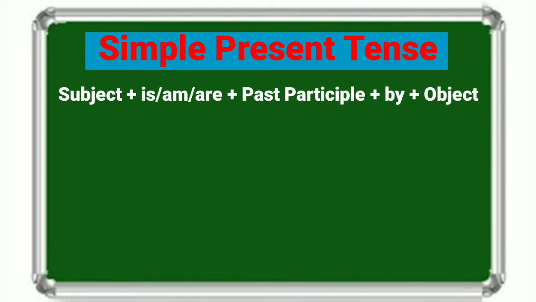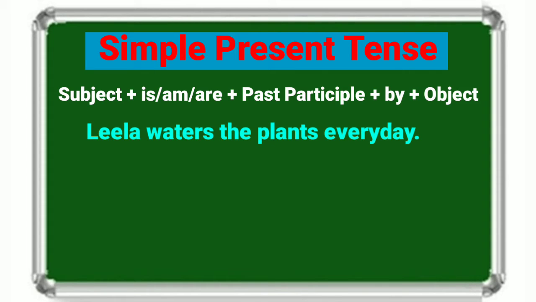Let's take one example. Leela waters the plants every day. Here in this sentence, the object of the sentence is the plants, which will change as subject in passive voice. As the plants is a plural number, therefore auxiliary verb are will come.